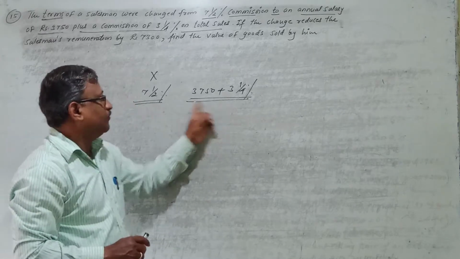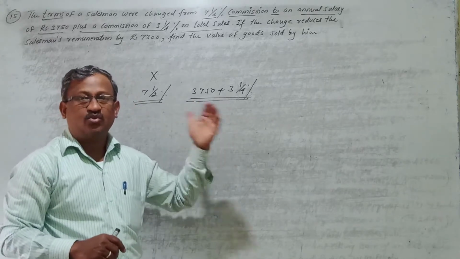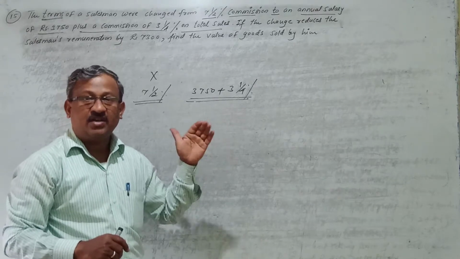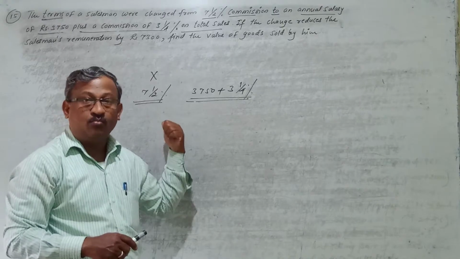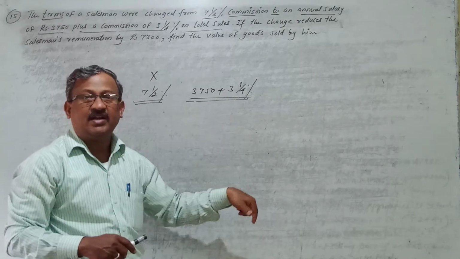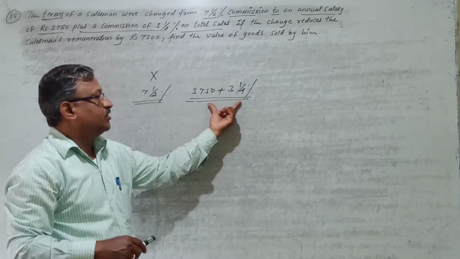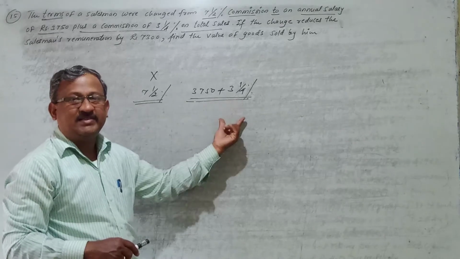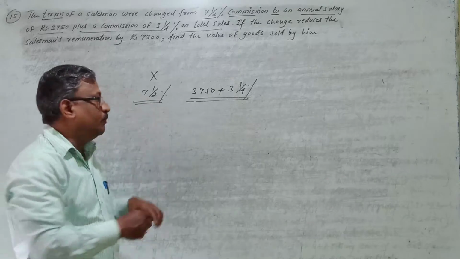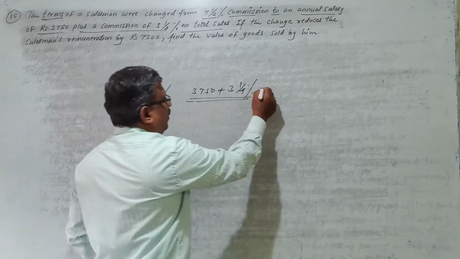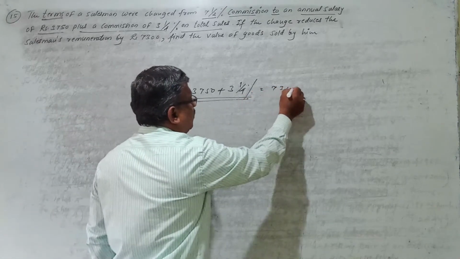Means previously he used to get more and at present he is getting less. So this term gives him less income and the earlier term used to give him more income. So because of this change his income has decreased by 7,300.